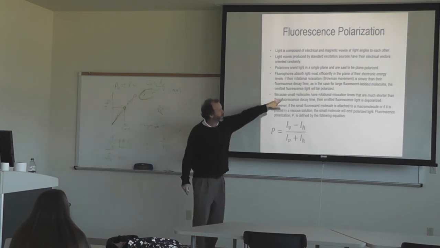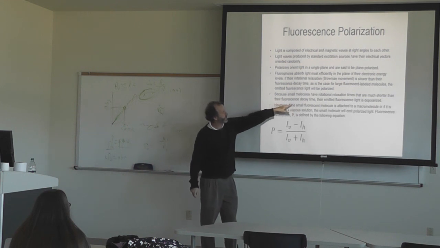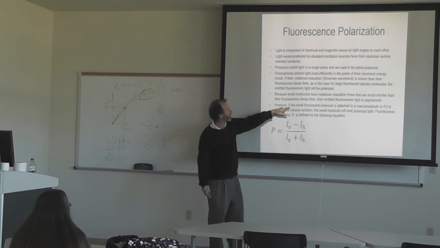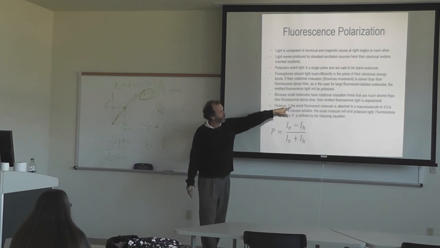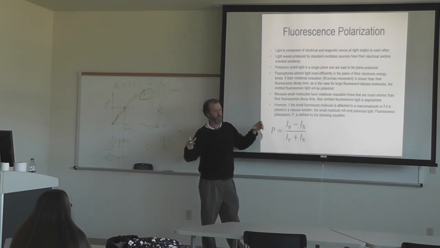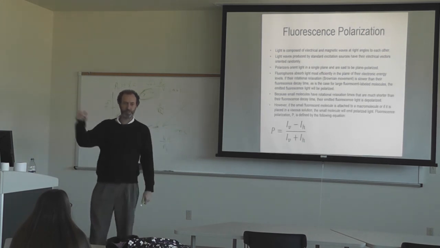Because small molecules have rotational relaxation times that are much shorter than their fluorescence decay time, their emitted fluorescent light is depolarized. However, if small fluorescent molecules are attached to a macromolecule, a big molecule, does that make sense? Small molecules spin faster than large molecules.